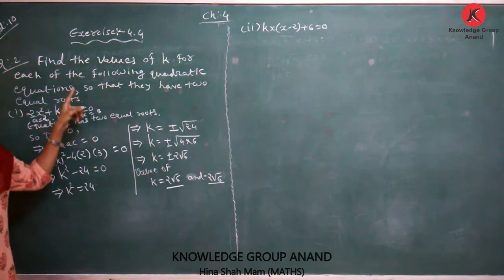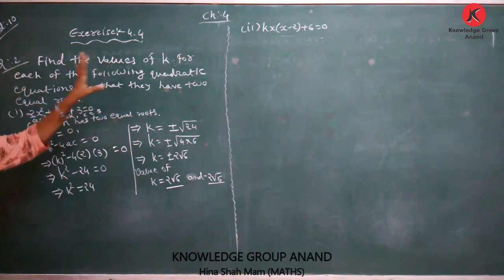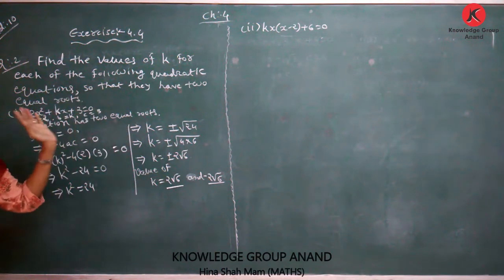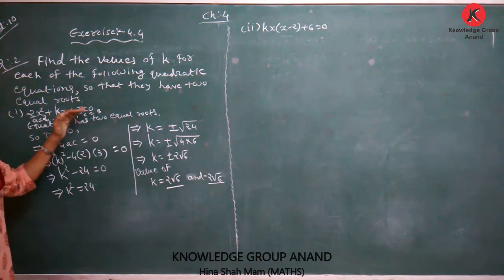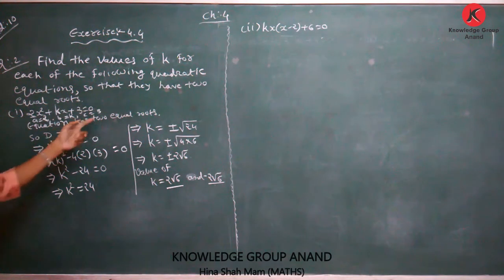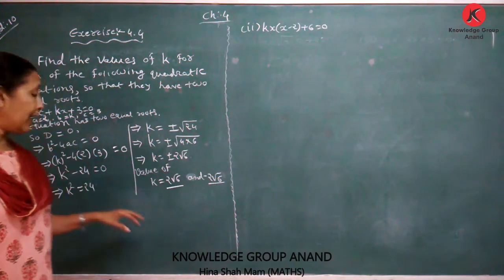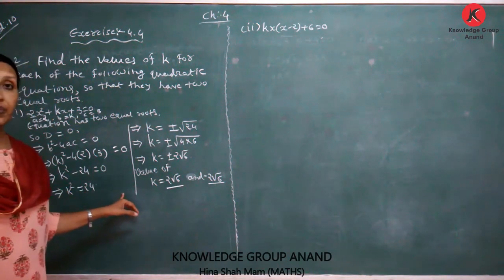Again, these types of questions are most important. Find the value of k if the roots are real and equal. Here we identify a, b and c. Roots are equal, therefore b square minus 4ac is equal to 0 and find k.